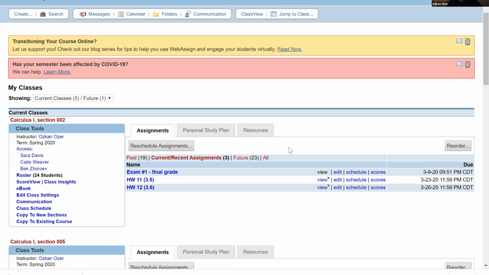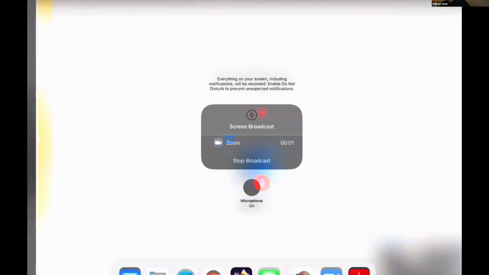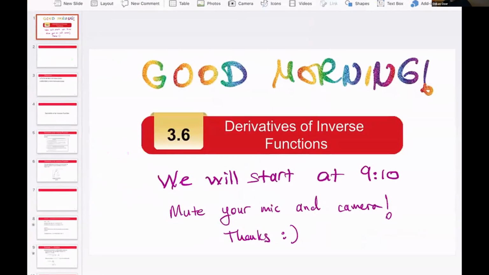At this moment, do you guys have any questions? Let me open the chat box back up here on the other computer.